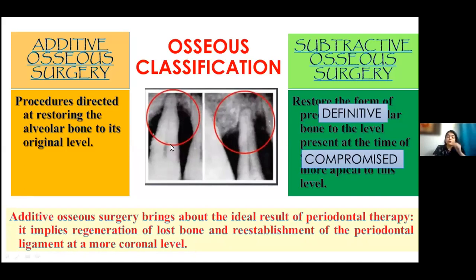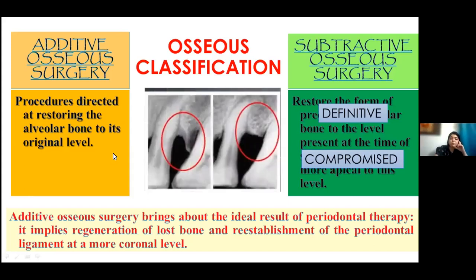So here, you see, if this is the pre-op, supposedly, and this is the post-op, what have we done here? Subtraction. Yes, subtraction. Okay. So in subtraction also, there are two types of surgery.